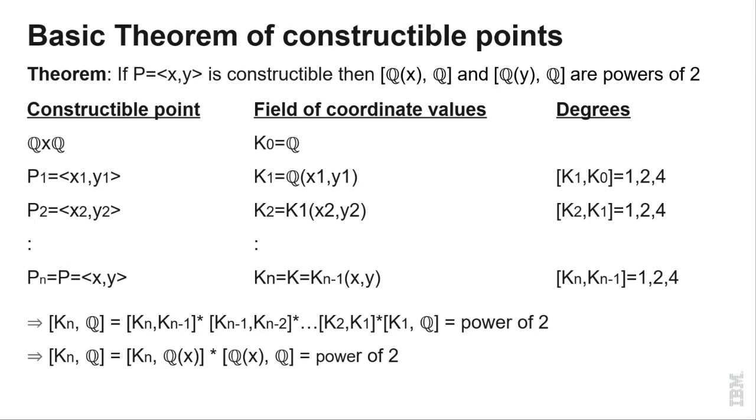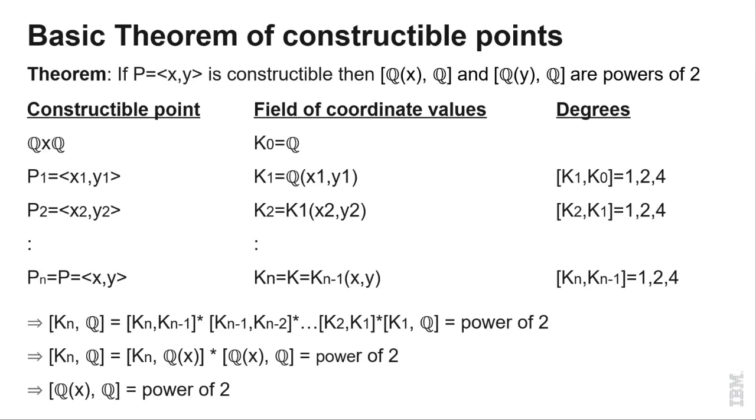We already know that Kn over Q is a power of 2, and since it's a product of two integers, both these integers must also be a power of 2, and therefore, this is what we wanted to show. So if you take the field of rationals and just add the x coordinate of the final point, you get a field extension which is a power of 2. And this is what we actually wanted to achieve.